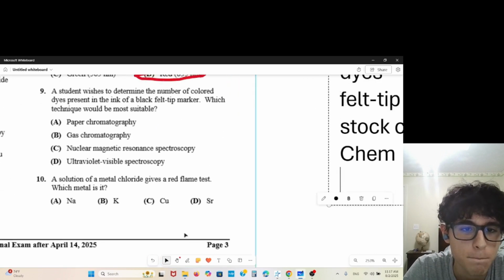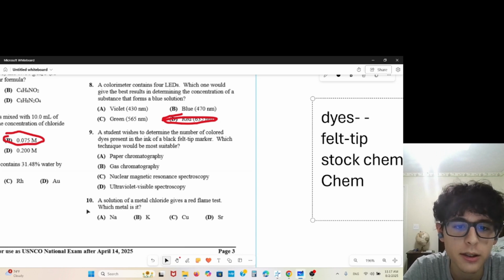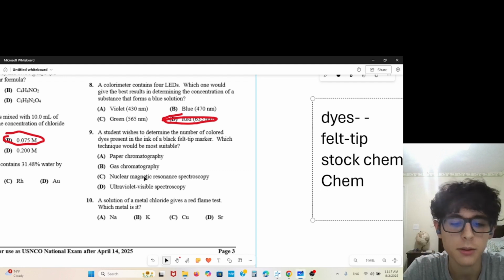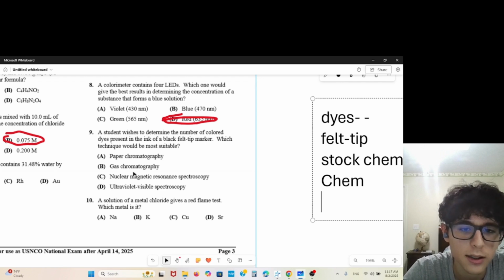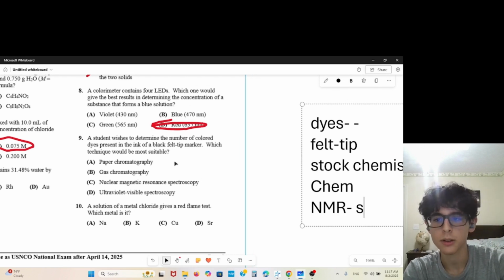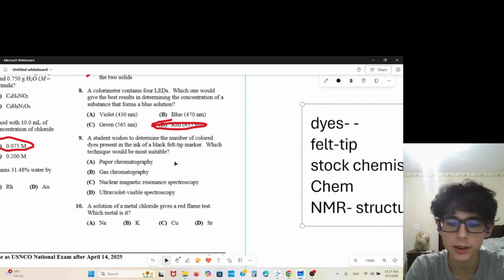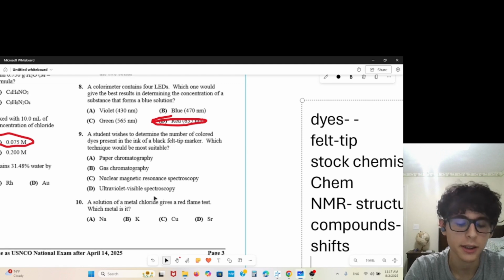But in all seriousness, you probably want to know that D, ultraviolet visible spectroscopy, excites electrons. It's nothing to do with this. C, we're going to go over later in later questions, but it's basically NMR, where you're determining the structure of compounds. It works by chemical shifts. Gas chromatography, where's the gas here?